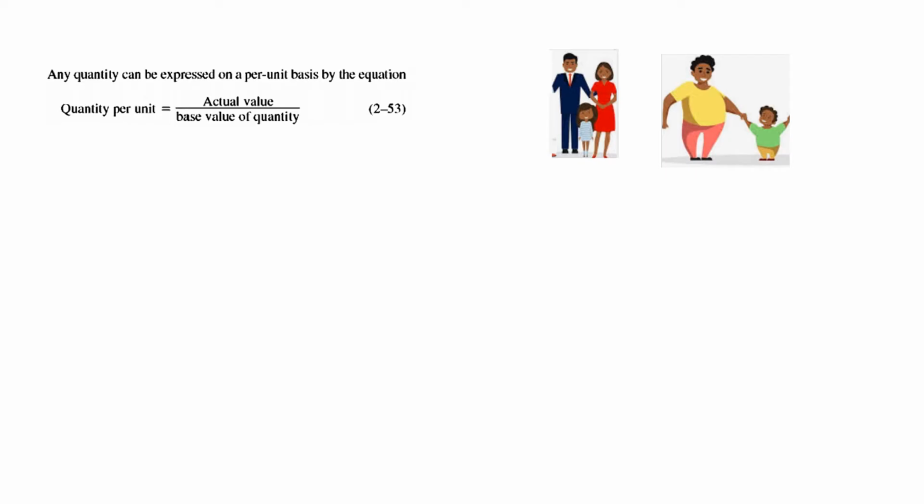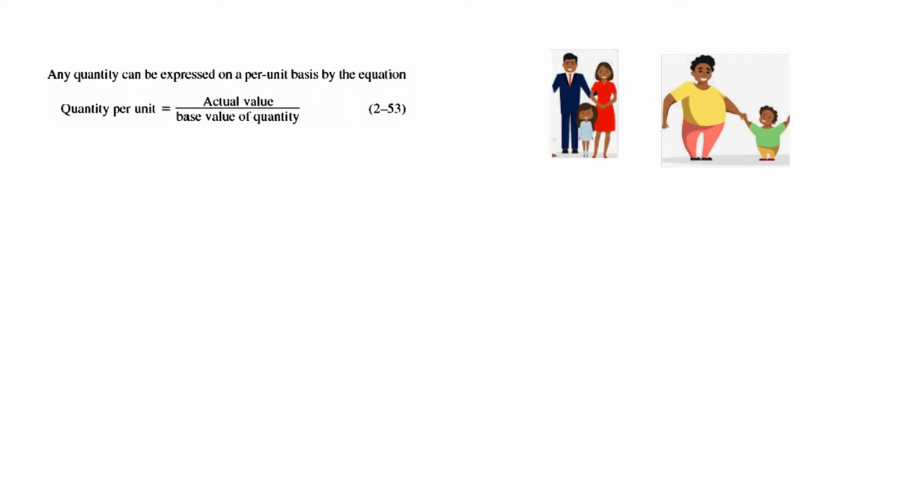Okay, now we'll take a very funny example to understand this concept. Let's say there are two families. I'll call them the slim family and the fat family, and both families have girls. Apparently this girl is very slim as compared to this one, but let's see if we find the per unit value of these two girls.